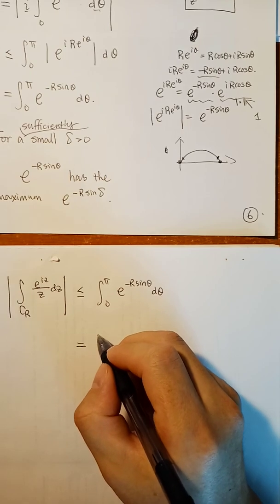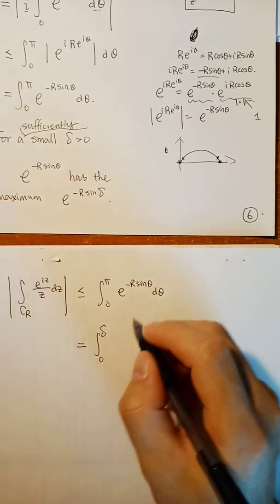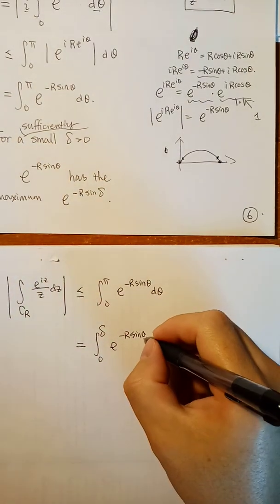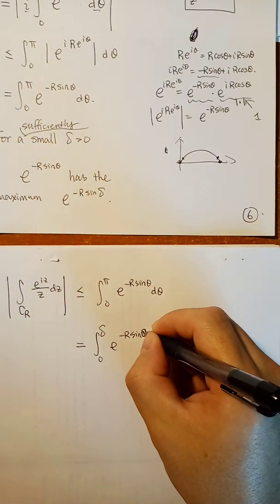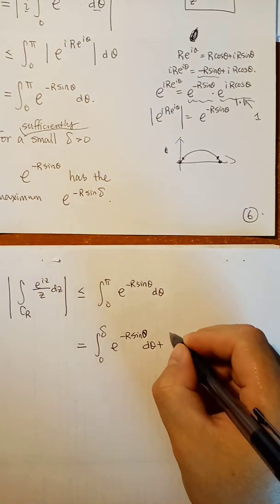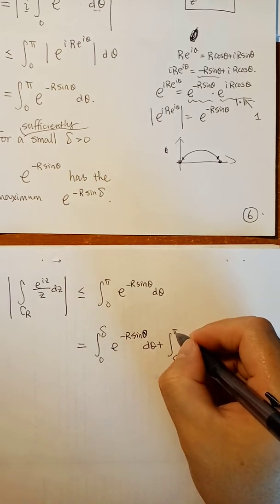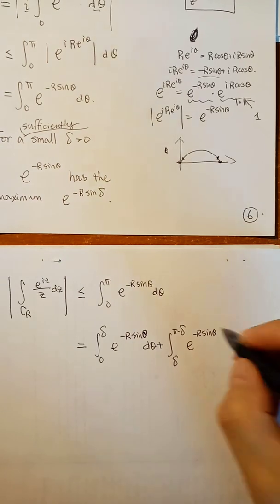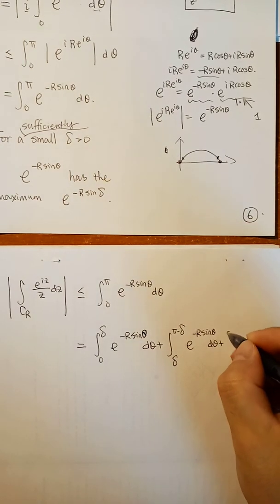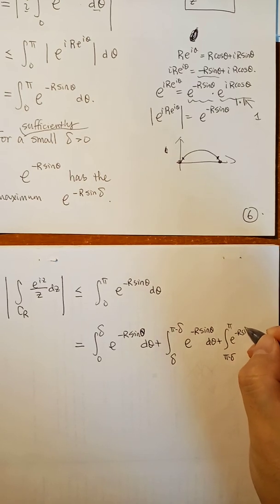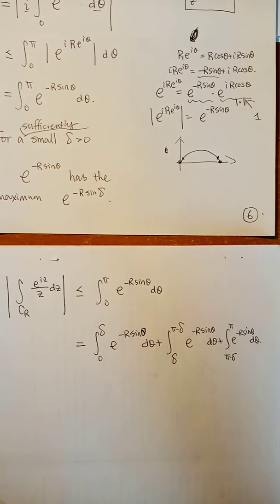Two parts is like three parts technically. From 0 to δ, e to negative R sinθ dθ, and from δ to π minus δ, e to negative R sinθ dθ, and plus π minus δ to π, e to negative R sinθ dθ. Okay?